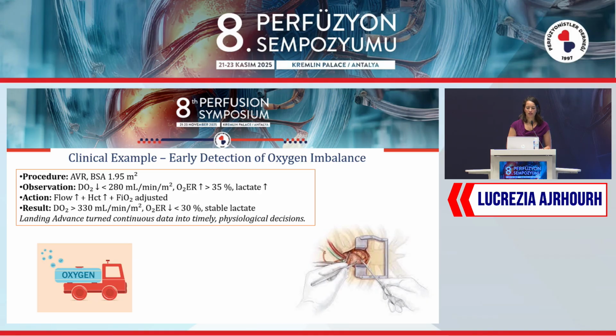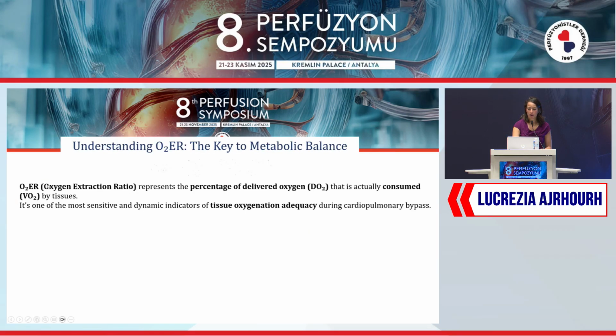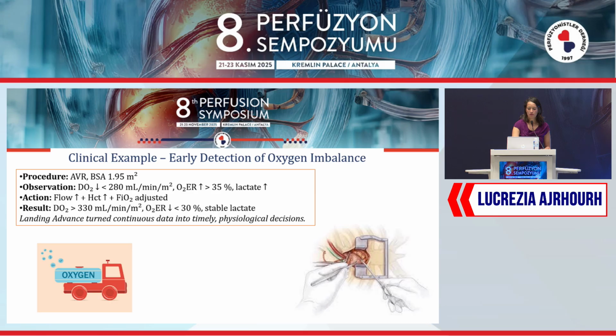Perfusion flow was set at 4 liters and 600 milliliters, and the mean arterial pressure was around 65 millimeters of mercury.